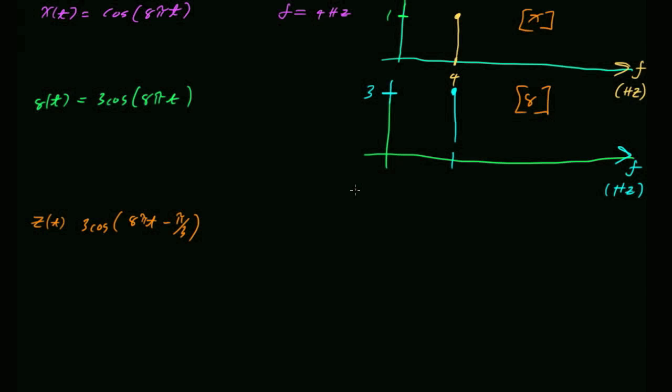Let's say this is f equals 0. This basically says, is there also a term that says plus cosine 0t? Is there anything here? And the answer is no. There is no energy at 0 hertz, so I'm going to draw a 0 there.